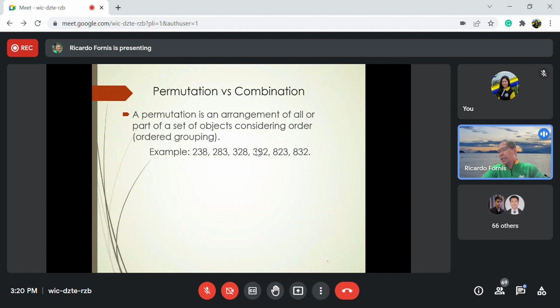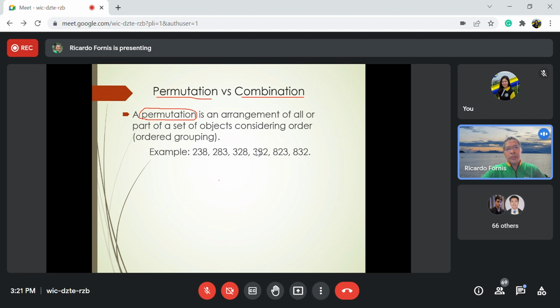Next, I would like to differentiate permutation from combination. What's the difference between the two? When we talk of permutation, we are interested in grouping objects, but we consider the order of the elements in the group.